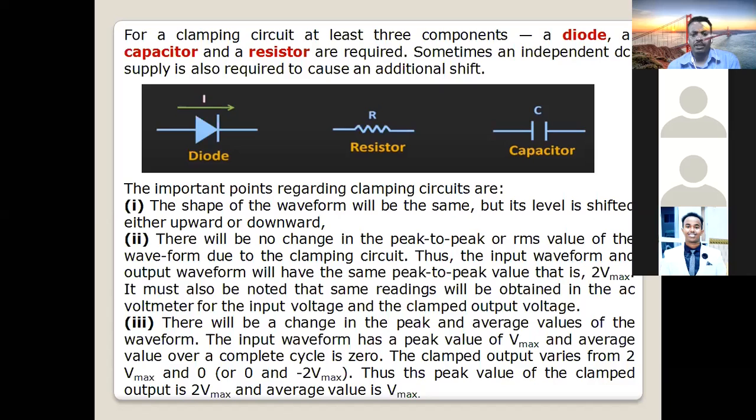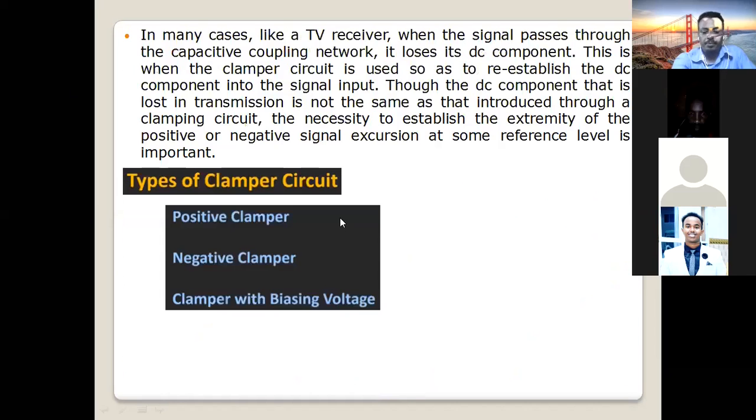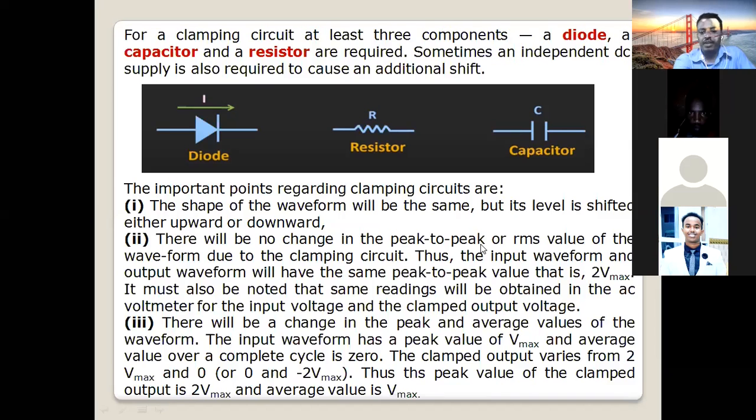So what are the important points you have to know about a clamper? As you can see on the slide, clampers do not change the waveform. The DC or the average level only shifts either upward or downward. That's the first point. Second, there is no change in the peak-to-peak value or RMS value.